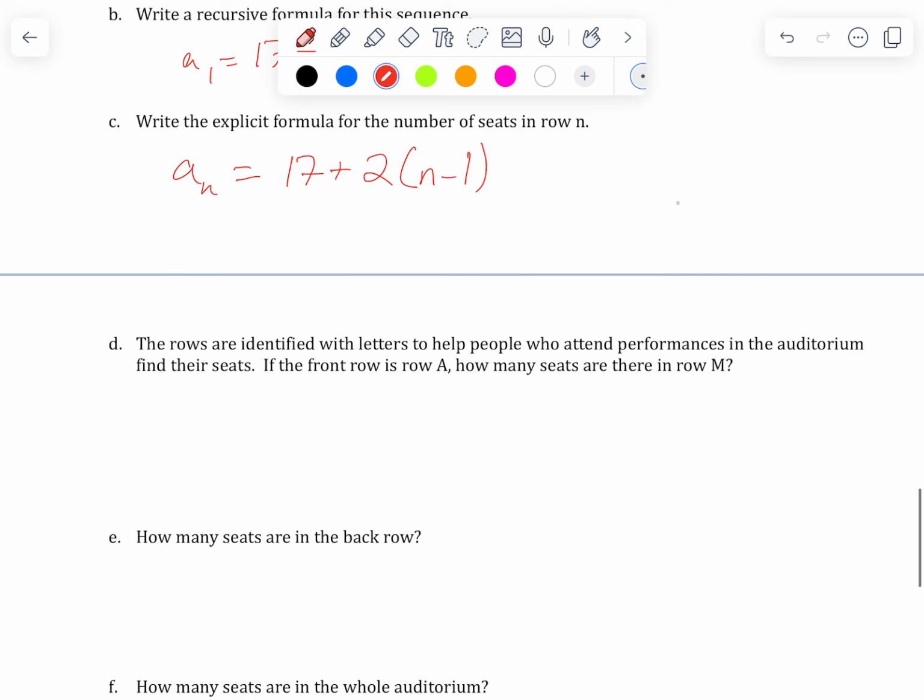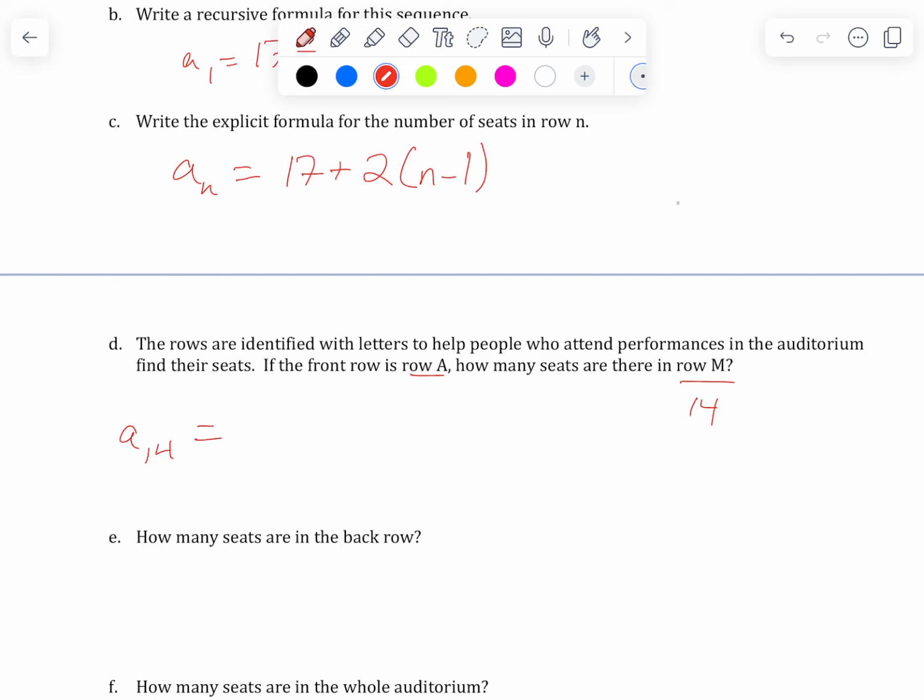The rows are identified with letters. The front row is row A, the second row would be row B. How many seats are there in row M? So I have to kind of think. I'm counting on my hands. A, B, C, D, E, F, G, H, I, J, K, L, M. So I think it's 14. So if M is the 14th number, I'm looking for A14.